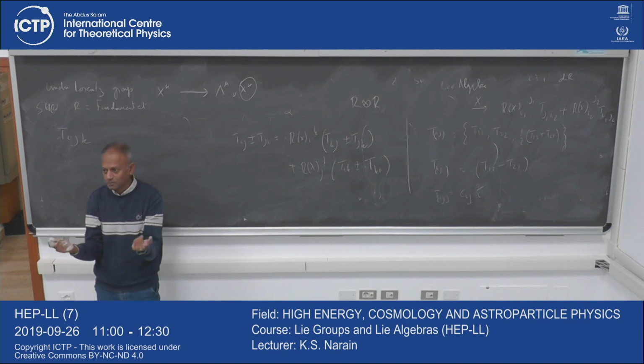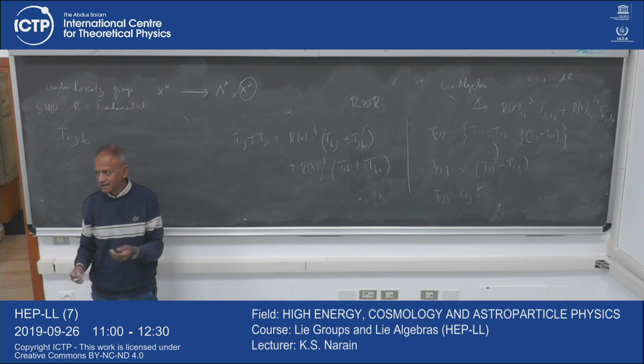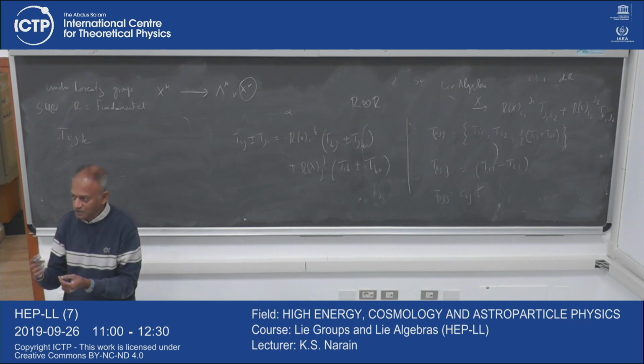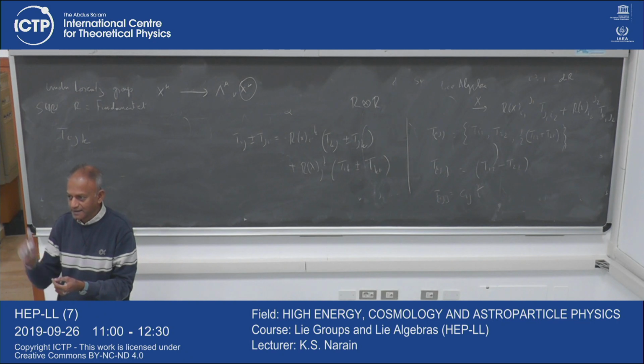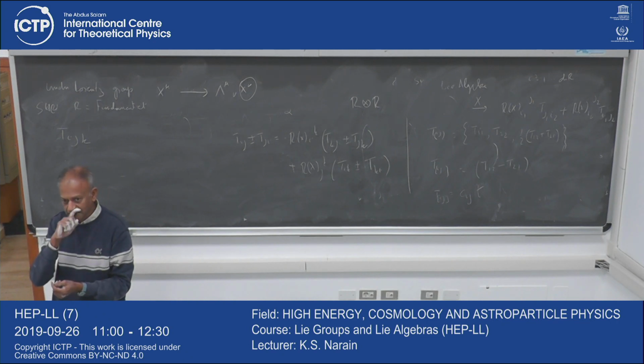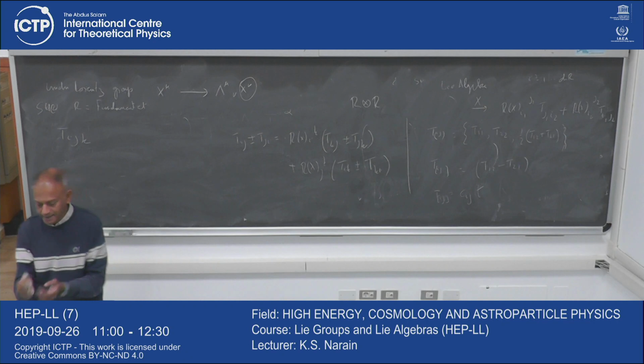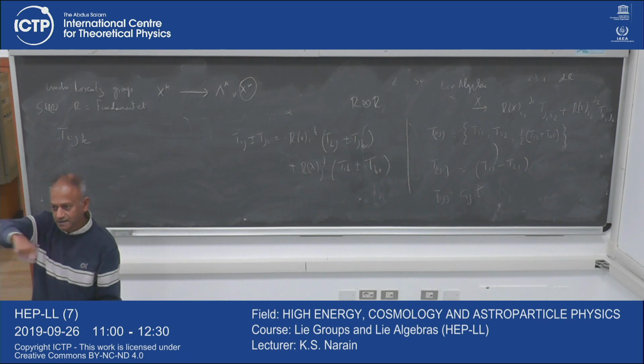That is very simple. But the permutation group on three indices is more complicated. We discussed it as an example in the beginning. It has exchanges, but also a cyclic motion.